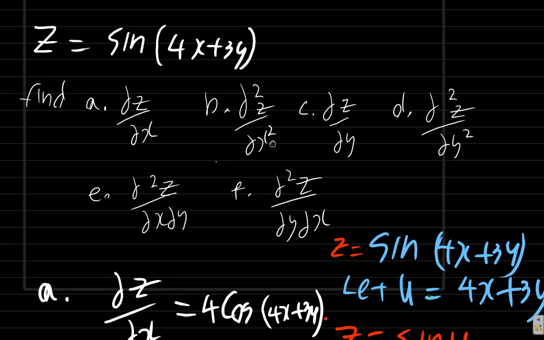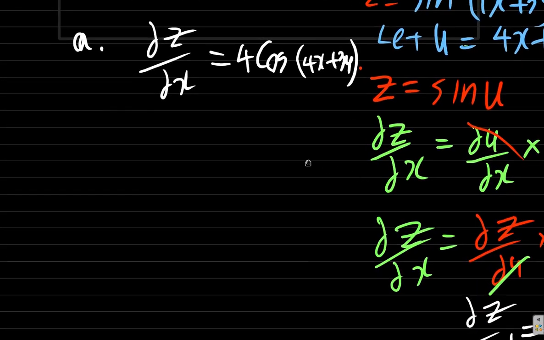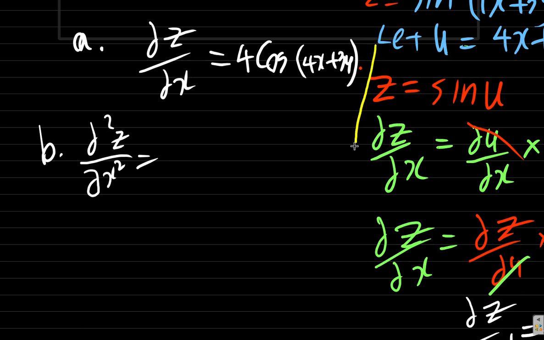What about ∂²z/∂x²? Part B. ∂²z/∂x² means you're going to differentiate with respect to x again. So you won't bother with the substitution workout, we just do it mentally now. The outside function is 4 cos of the function.